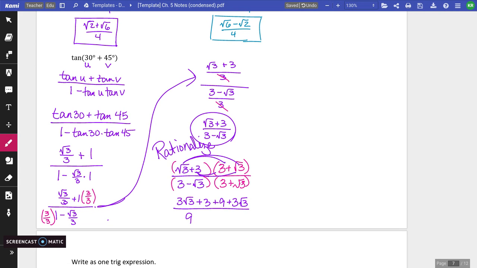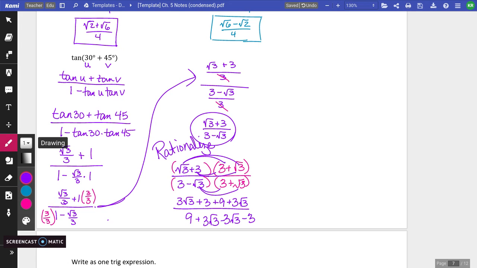Firsts is 9. Outsides plus 3 root 3. Insides minus 3 root 3. And lasts minus 3. Now remember, this is why we multiply by the conjugate, because then you get those two terms to cancel each other out.